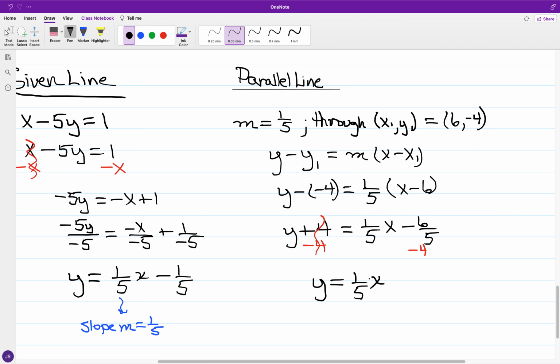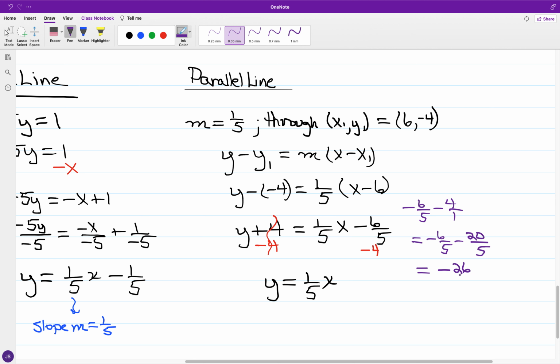If I multiply 4 over 1 by 1 in the form of 5/5, we'll have -20 over 5. And -6/5 and -20/5 will be -26/5. So for the slope-intercept equation of the parallel line, we have y is equal to 1/5 of x minus 26/5.